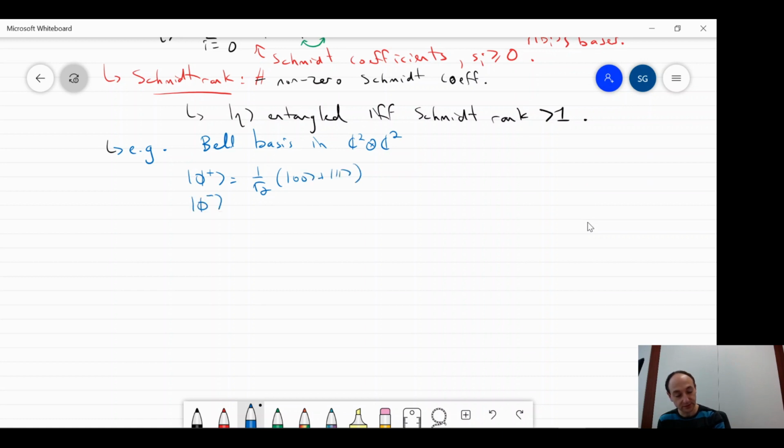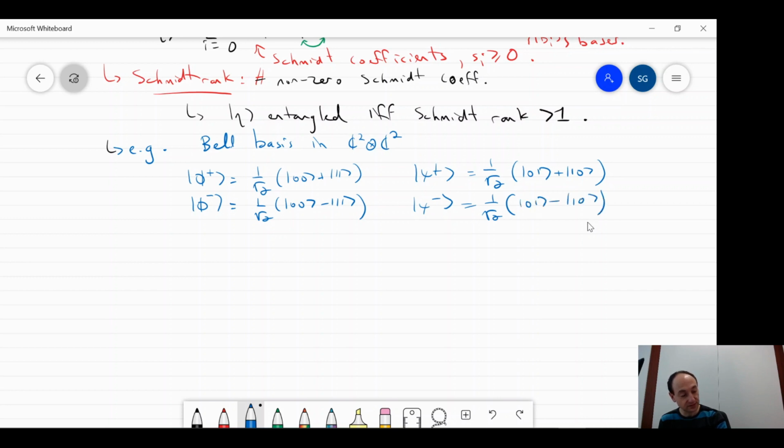Phi minus is 1 over root 2 times (00 minus 11). And then we have psi plus and psi minus. Sorry, this is the plus: (01 plus 10). Okay, so these are the canonical entangled 2-qubit states, if you will. They're all kind of maximally entangled in some well-defined sense, which I will not state here.